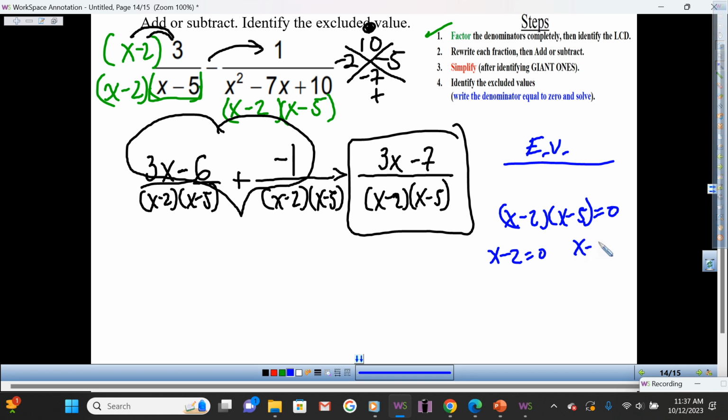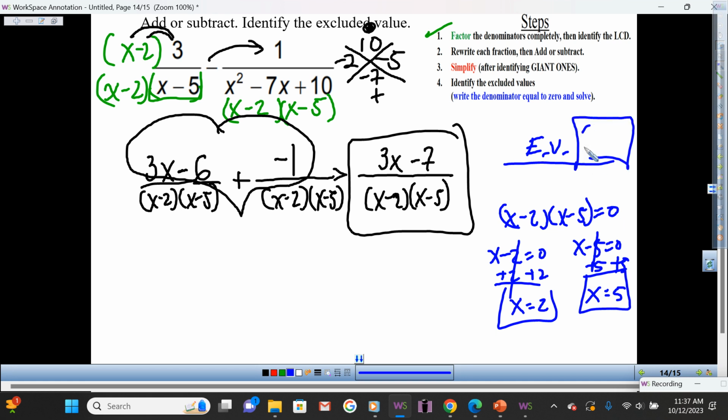That is correct. And solve. So plus 2, x equals 2, plus 5, x equals 5. Excluded values are 2 and 5. All right? So, send me your notes, please.